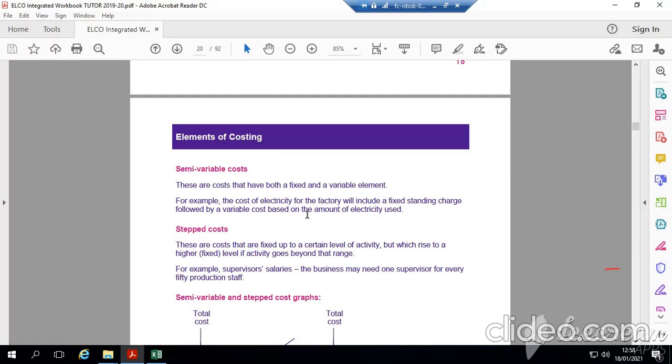So for example, cost of electricity of the factory. Say for example you're paying £100 for electricity a month as a fixed. However, if number of activity goes up, increases, then the variable cost is going to increase too.